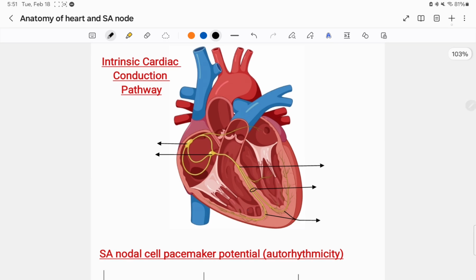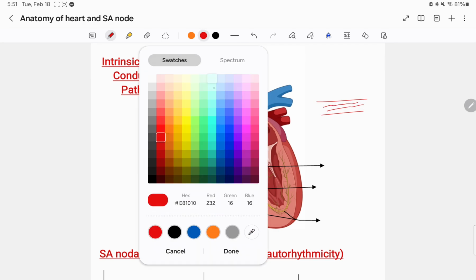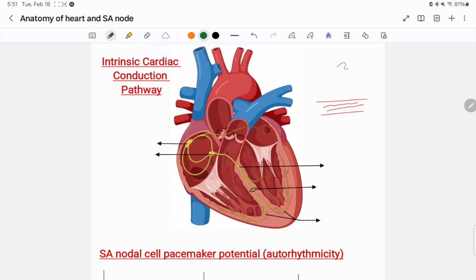So, first things first, what do I mean when I say intrinsic cardiac conduction pathway? You know how skeletal muscle requires a neuron to come and innervate it, which will then excite the skeletal muscle and make it contract.